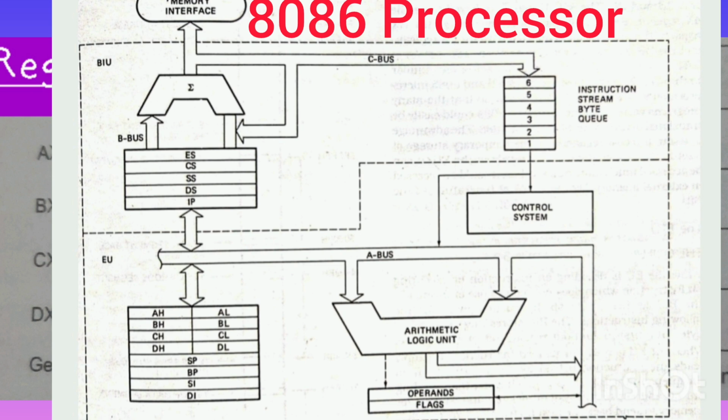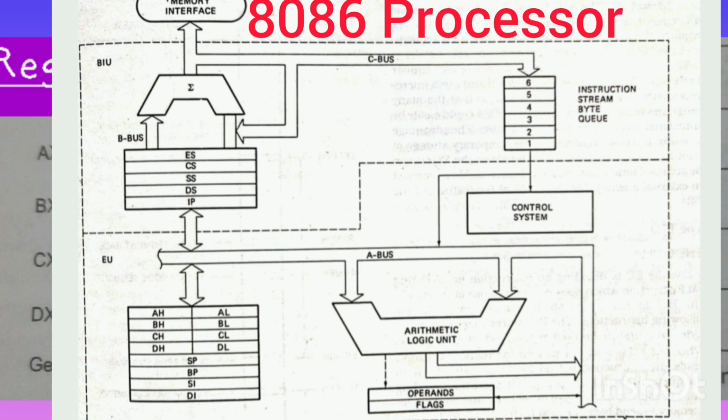CH and CL pair is referred to as CX register. DH and DL pair is referred to as DX register. So if we need 16 bits, then we have to go for AX, BX, CX and DX. These registers are capable of storing 16 bits.